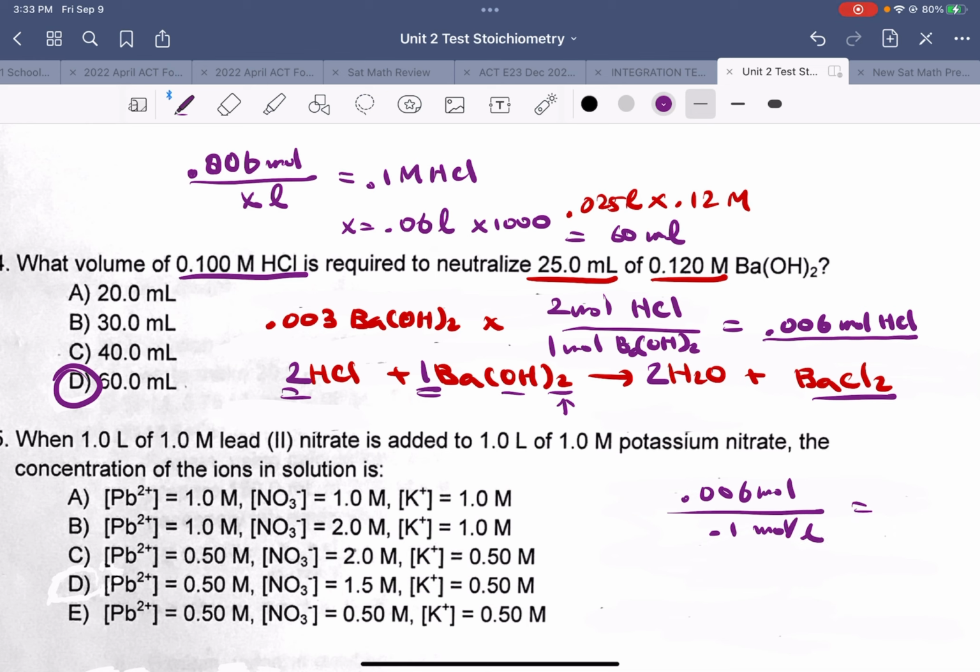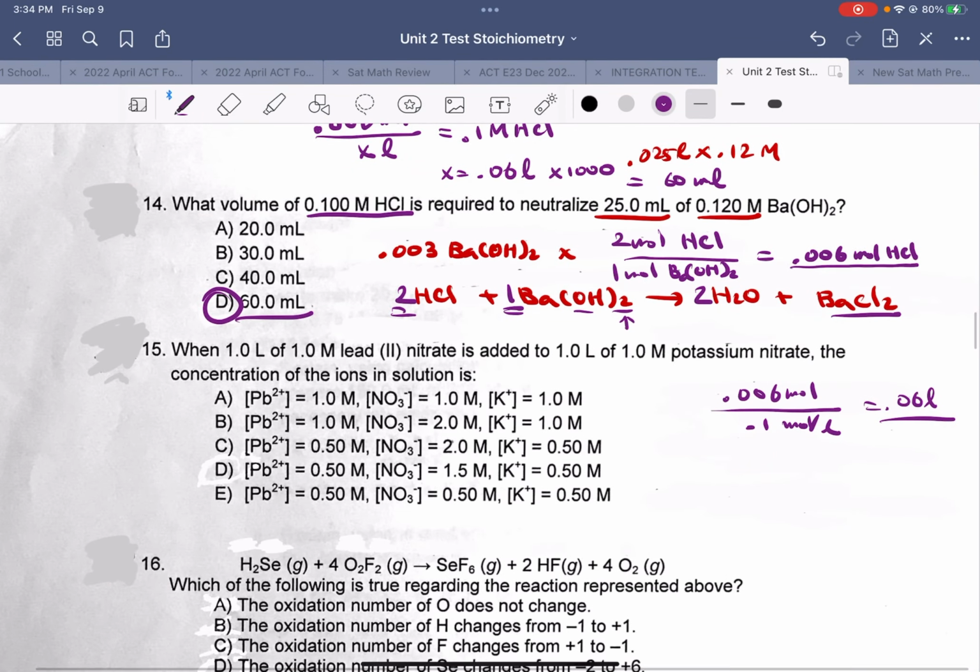So then it will leave how many liters? Which is 0.06 liter, okay? That much. But now milliliter, so you multiply 1,000, then you're gonna get 60 milliliter of HCl. Okay, that's how I'm gonna do. Now let's move on. Number 15.